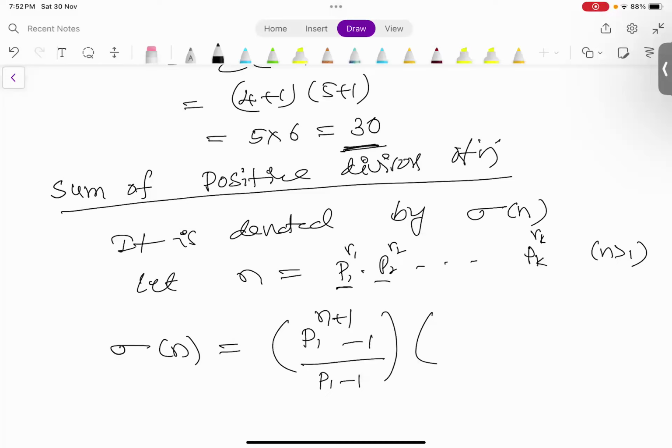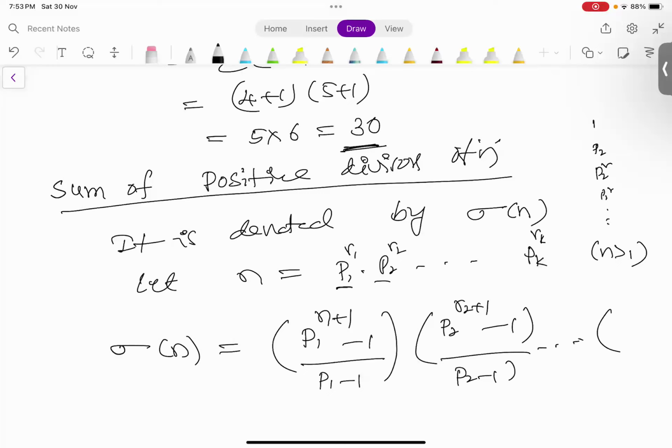For p2 power r2, the divisors are 1, p2, p2 square, p2 cube, and so on, up to p2 to the power of r2. Simplifying, we get p2 power r2 plus 1 minus 1 by p2 minus 1, and so on.